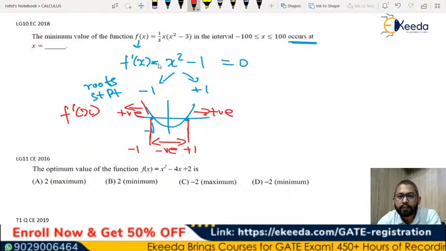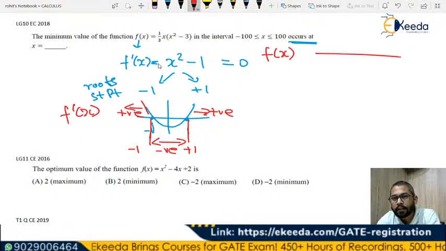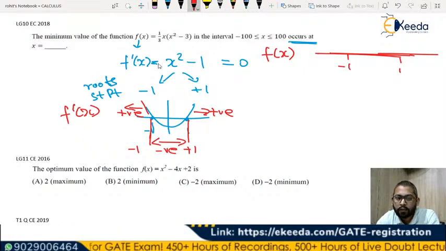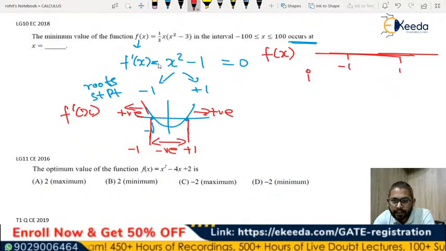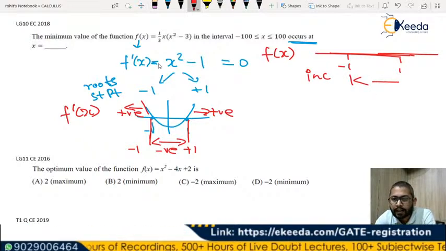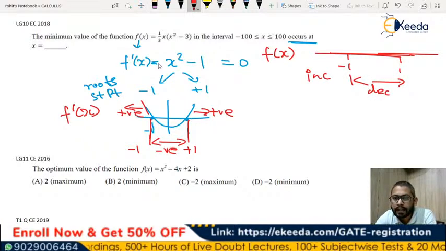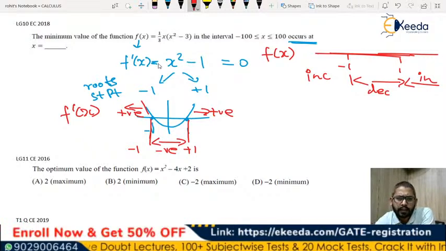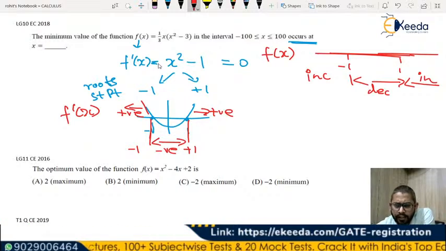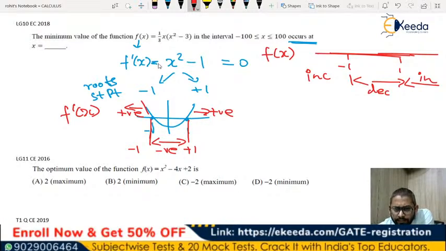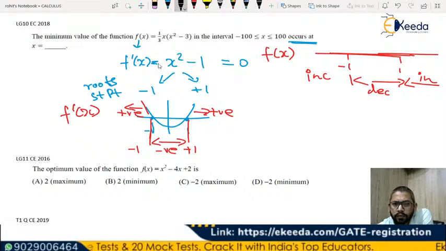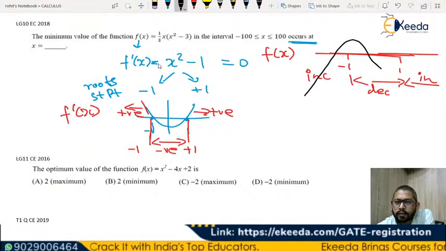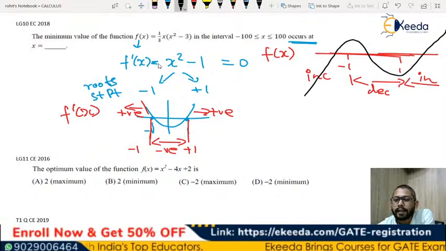That means f of x, if you see, if this is minus 1 and this is 1. For the derivative being positive, it is increasing. For the derivative being negative in this range, it is decreasing and again increasing, right? So can you see that this function in that case should be like this? I'm just talking about the nature, like that.